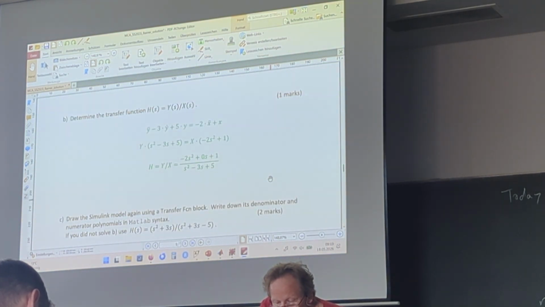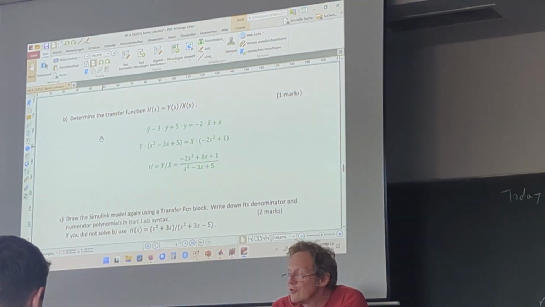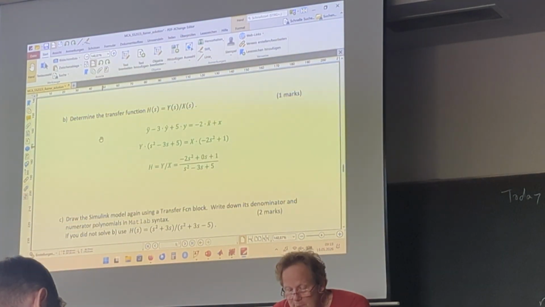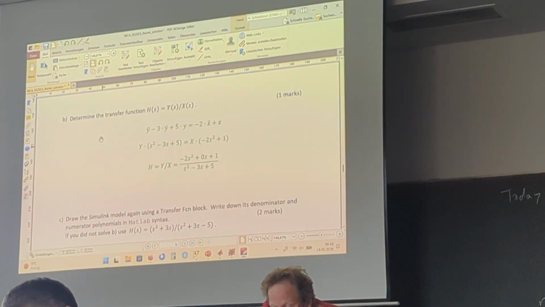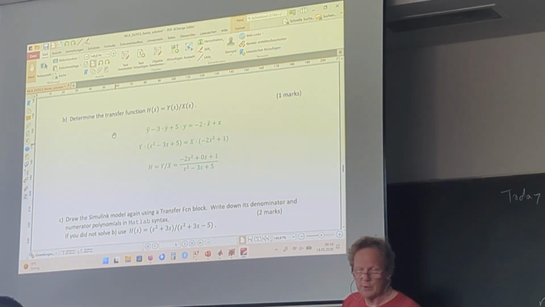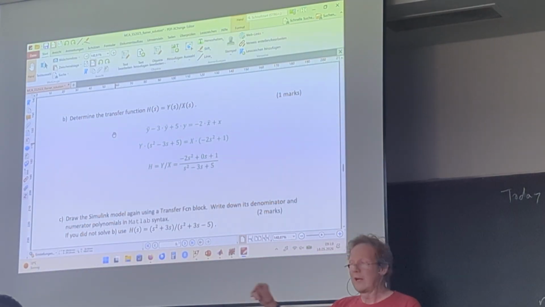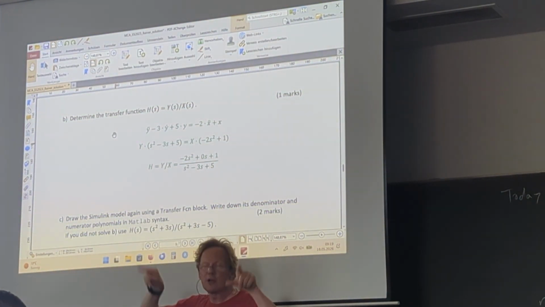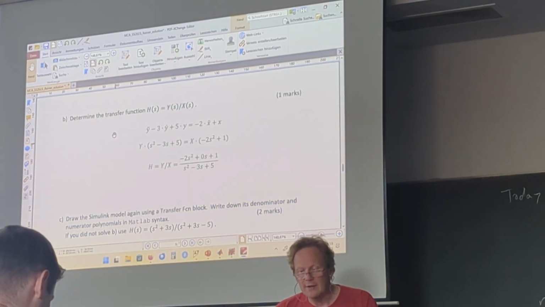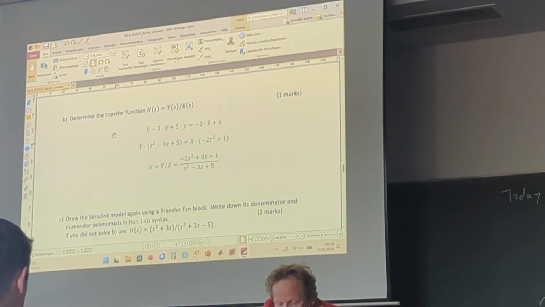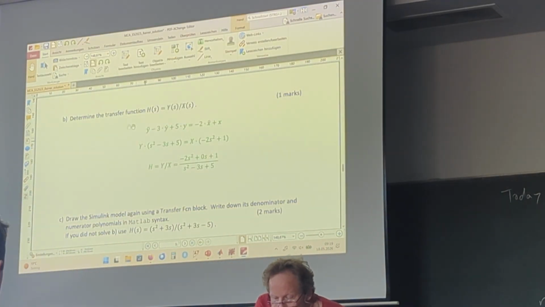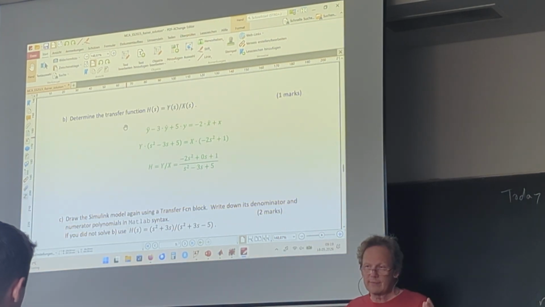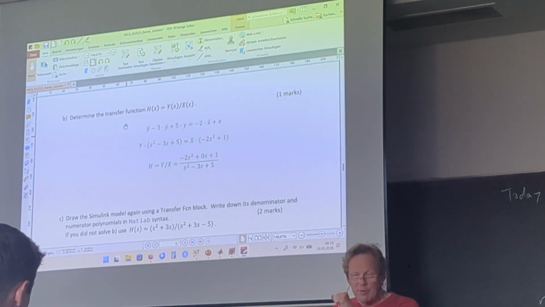Then you could also determine a transfer function. So there's a little bit of mathematics here, but I think it's not so heavy. So sort out everything that has to do with the output on one side, everything that has to do with the input on the other side. Then go into the Laplace domain, and that just means everything is just an oscillation, and now it only has an amplitude.